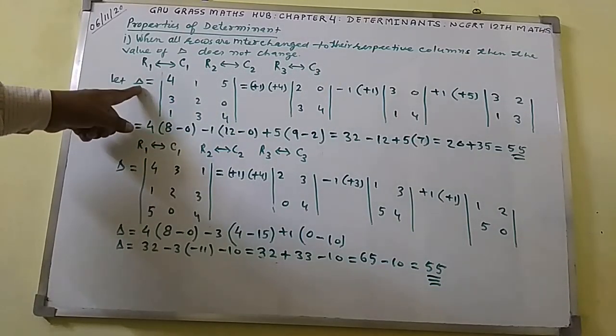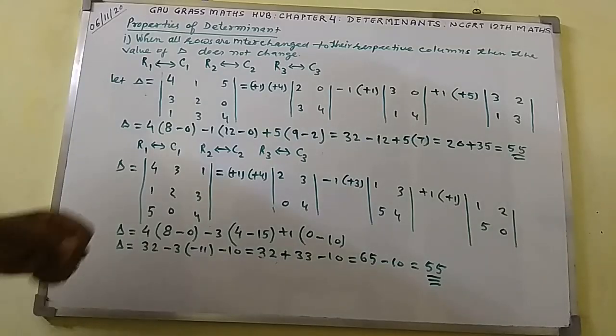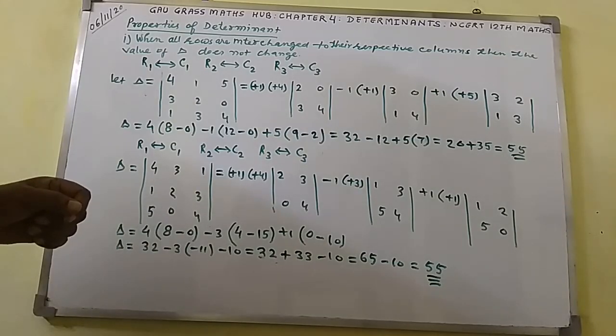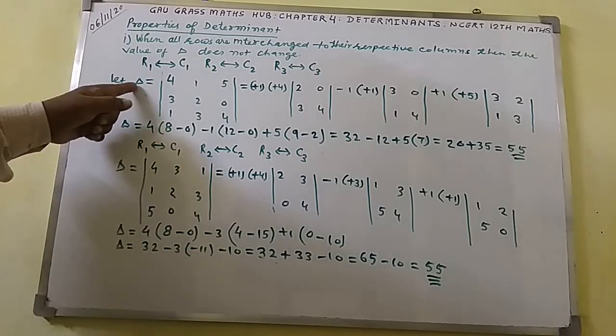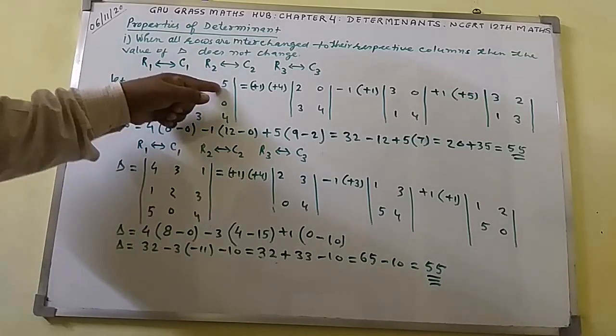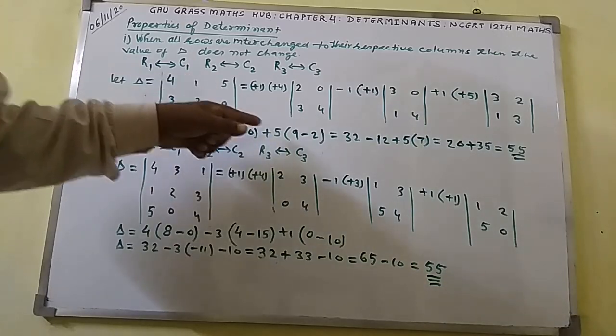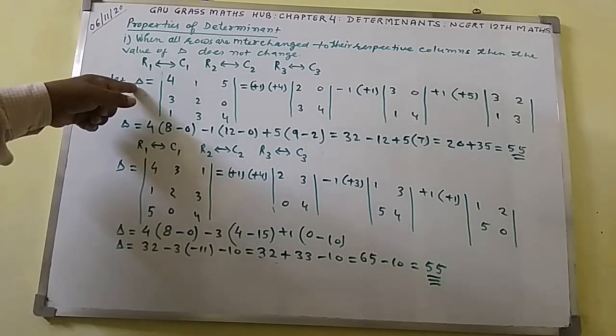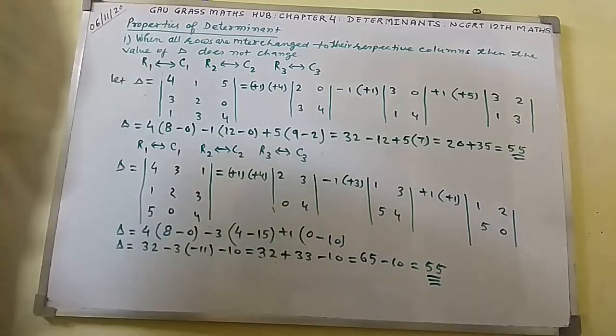Here I have let the determinant, this one, by expanding this determinant row wise, I have got the value of the supposed determinant as 55.